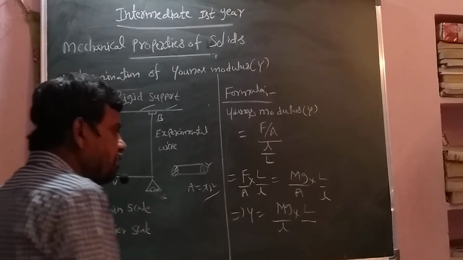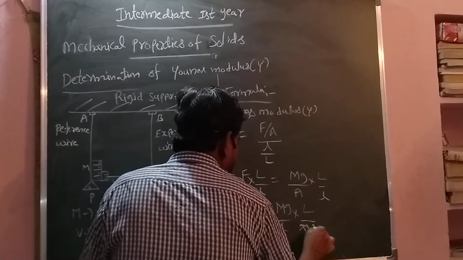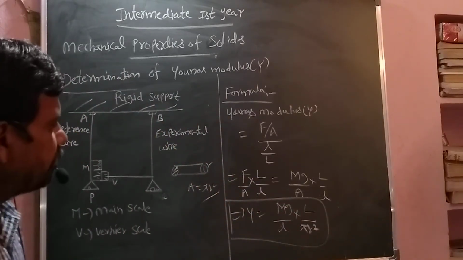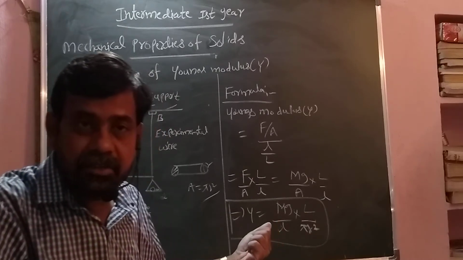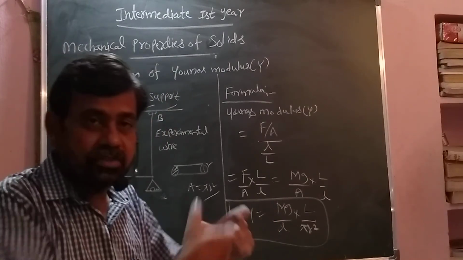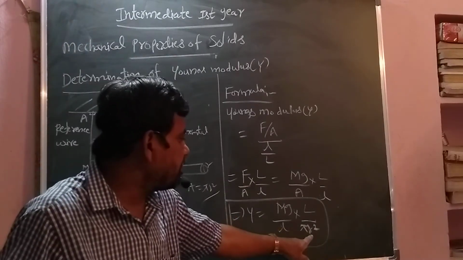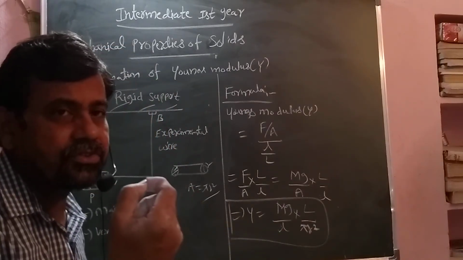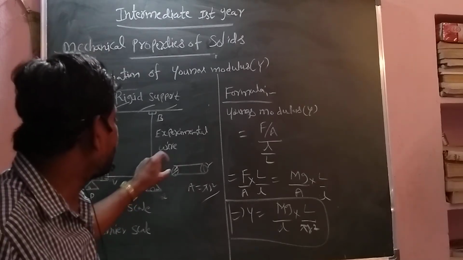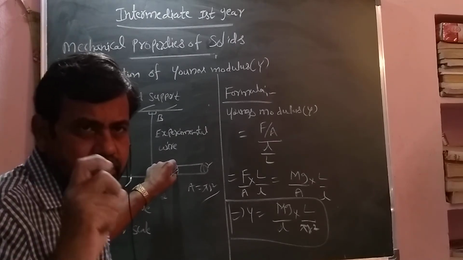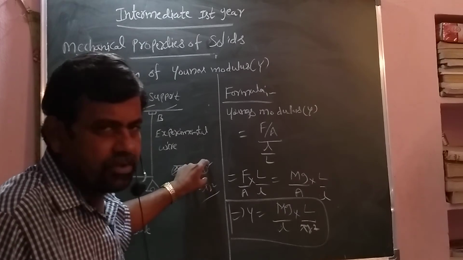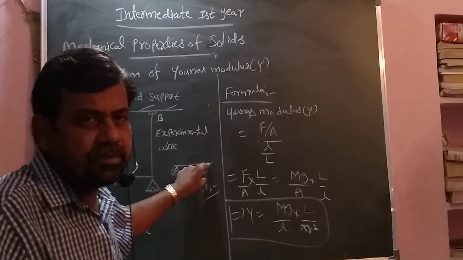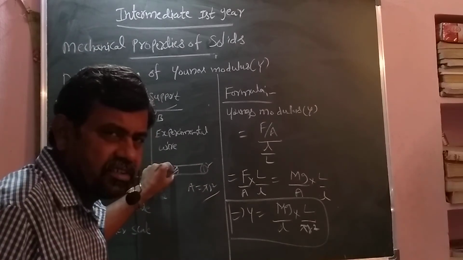Now the mg by l value we find directly from the graph. The length of the wire we measure using a scale, because the initial length is the same. And r is the radius. How do we find the radius? A wire has very small thickness, so for that you use a screw gauge. Using the screw gauge, first we find the diameter. Take three observations of the diameter at various positions, then find the average diameter, then find the radius. r equals D by 2, because the area of cross section is a circle and the thickness is the diameter. First we find D, the thickness.